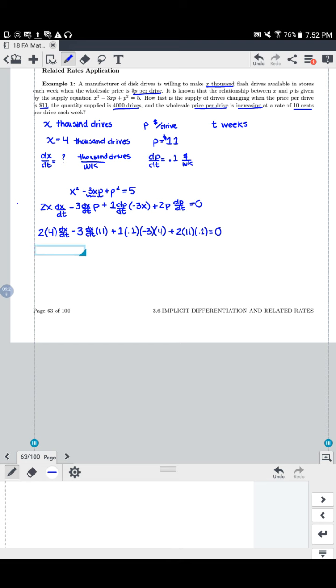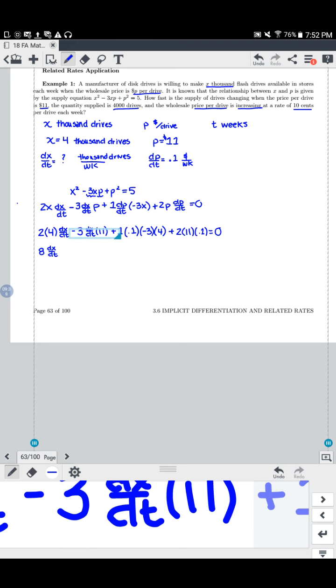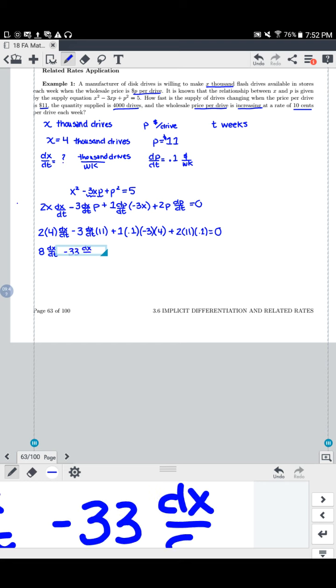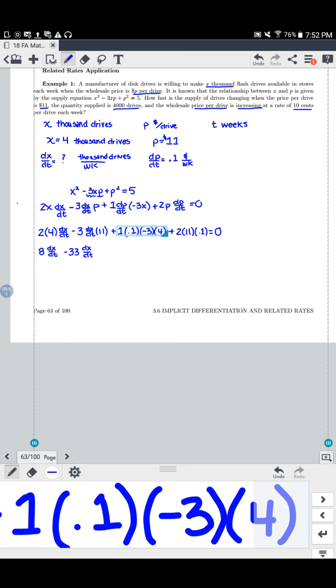So now that I plugged in, I just want to figure out what these numbers are. So I have 2 times 4 is 8 dx/dt's. Then I have a negative 3 times dx/dt times 11. So negative 3 times 11 is negative 33 dx/dt. And then I would want to just combine all these constants.